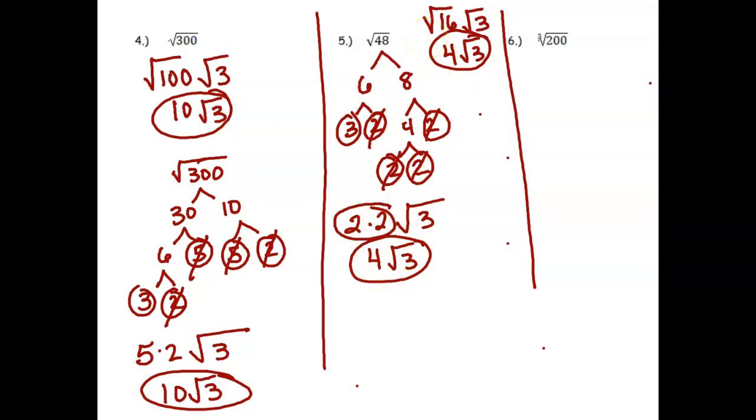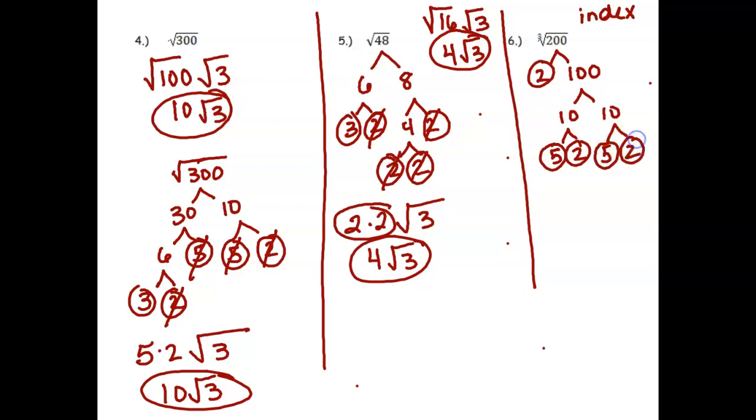Now 6 is a little bit different because my index is actually a 3. So when I do my prime factorization, I'm going to start out and maybe do 2 times 100. And then I'll do 10 times 10, and then 5 times 2 for my 10 on this side, and 5 times 2 for 10 on that side. Now we're a little bit different. We're going to draw the radical, and I'm going to put the 3 back in because my index is 3.